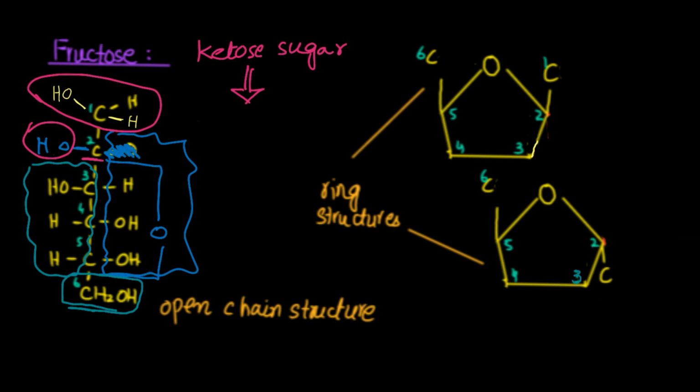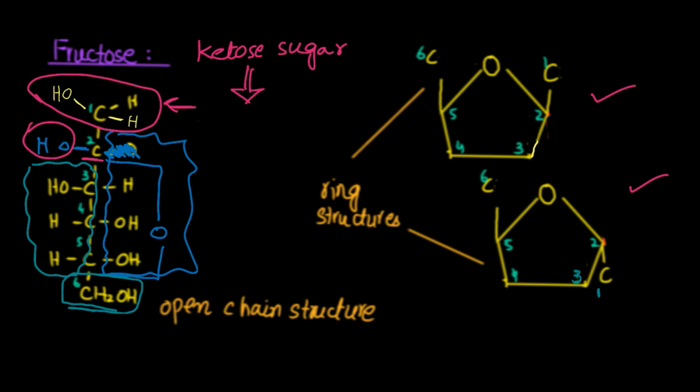The OH group can interchange its position with carbon number 1. That's why we have two structures, as you can see I've drawn. In one structure we have carbon 1 above, and in the second structure we have carbon 1 below. Now let's make this structure.